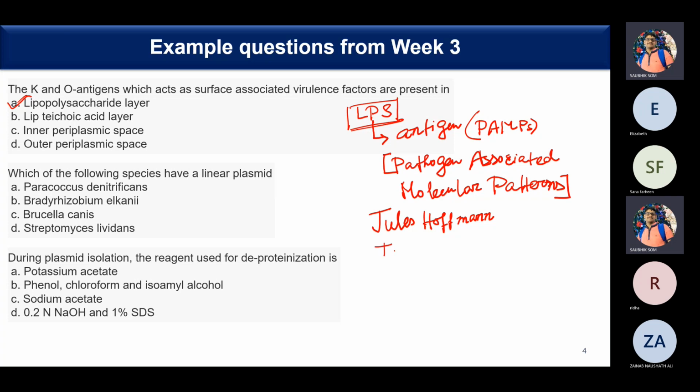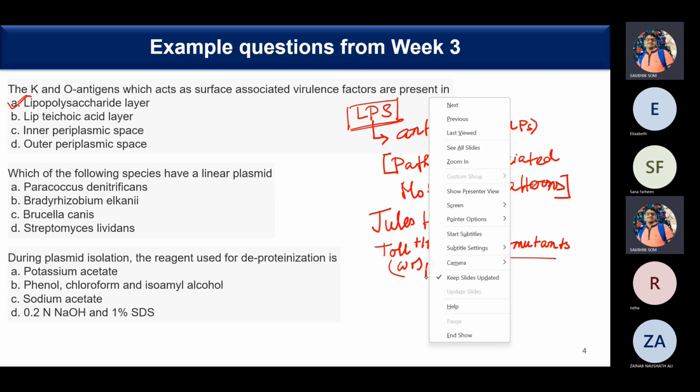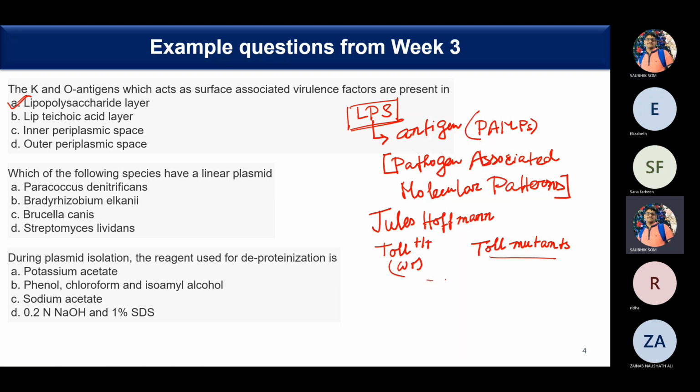So there were toll plus plus wild type flies, and toll mutants. Both of these flies he infected with some bacteria or fungi.